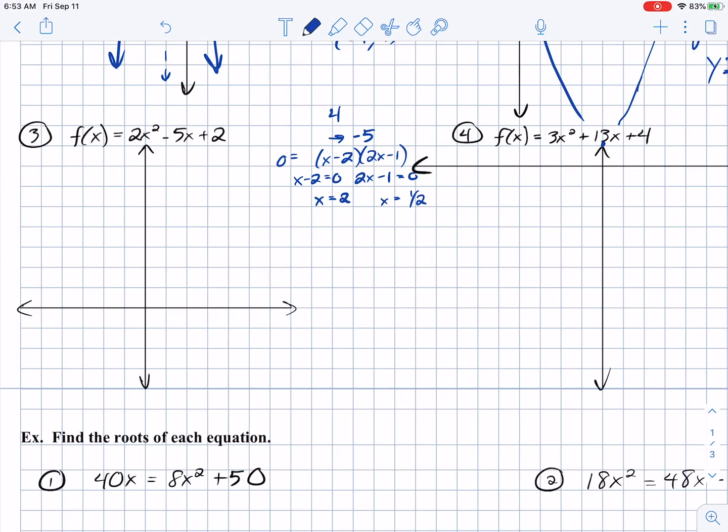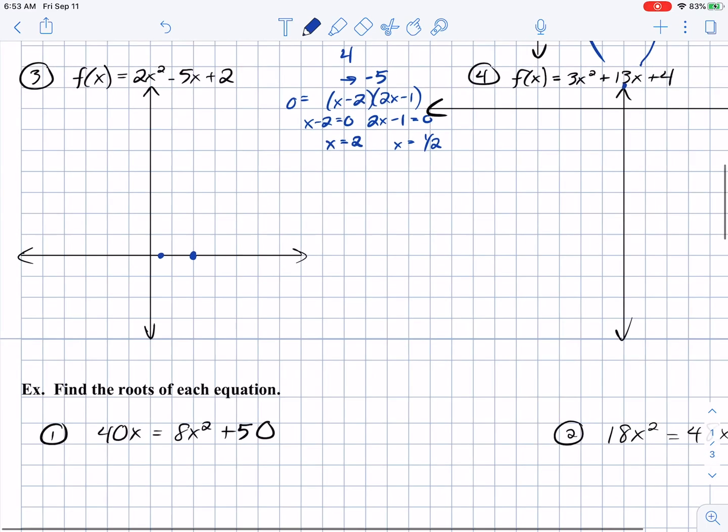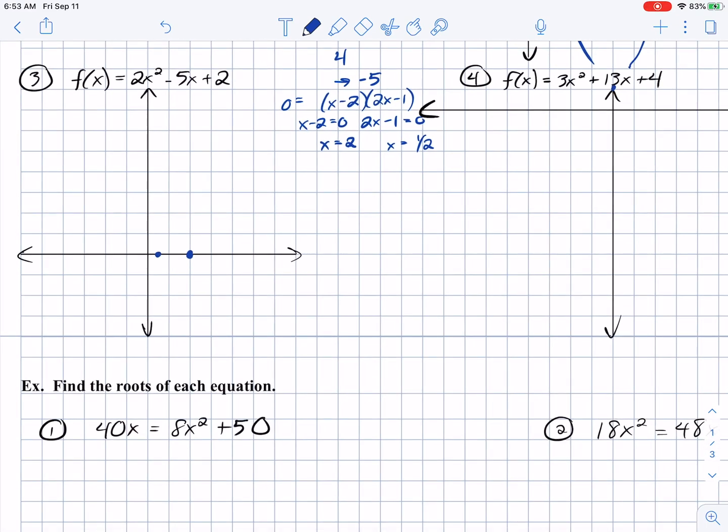Great. 2 and 1/2. So our vertex is going to be somewhere in between 2 and 1/2. Going to be a fraction. That's fine. After using -b over 2a, you would have gotten 5/4, okay, or 1 1/4, or 1.25 as the x-coordinate.